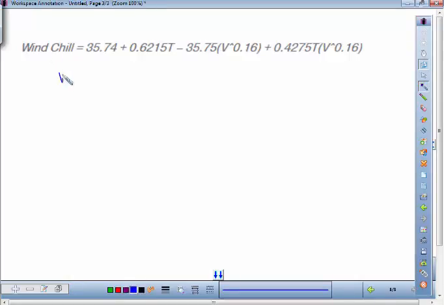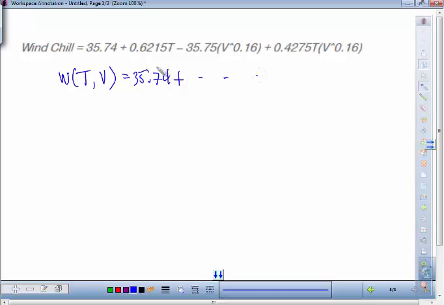We can say W of what two variables are we using here? T for the temperature and V for the velocity of the wind. I'm not going to copy everything else down, but it's basically this whole thing.